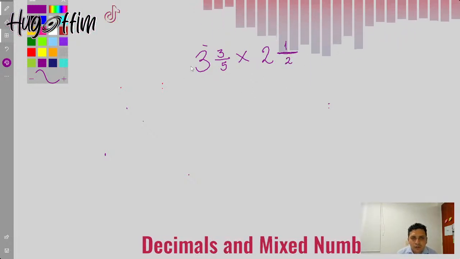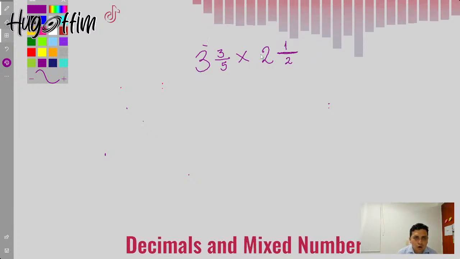Okay, so this is the one I'm going to multiply: 3 wholes 3/5 times 2 wholes and 1/2.